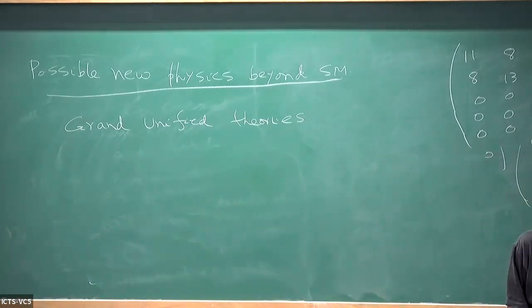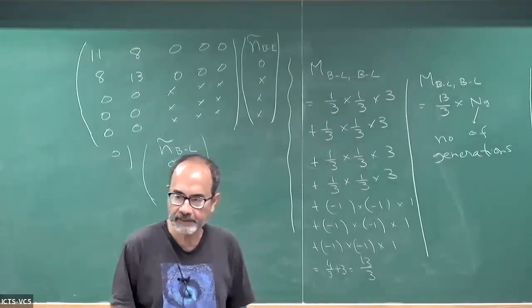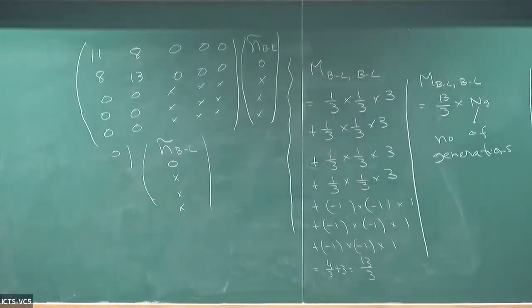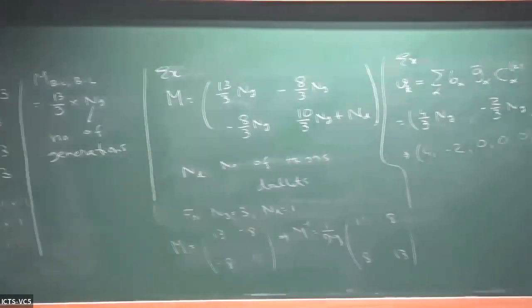The standard model has SU3, SU2 and U1. The grand unified theories were designed to unify all of them into a single group. The minimal choice is SU5.